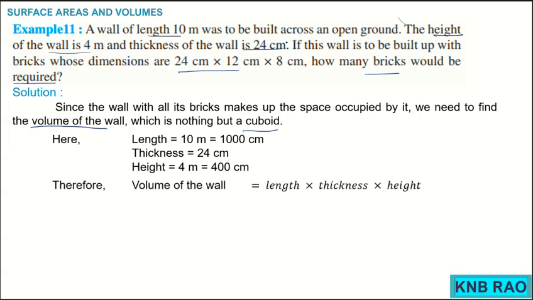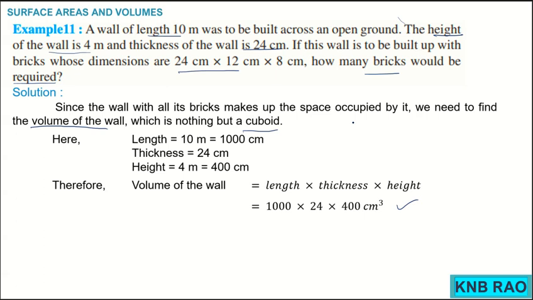Therefore, volume of the wall will be found with the formula length into breadth into height, or length into thickness into height. Here 1000 into 24 into 400 centimeter cube will be the volume of wall. Here I am not multiplying these numbers, I will keep them as they are.